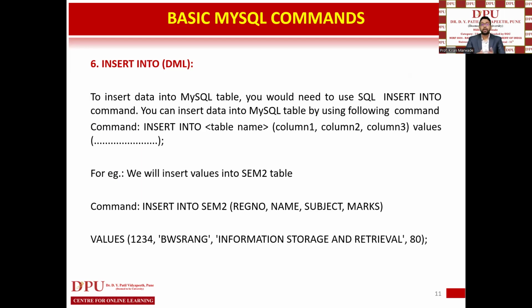So basically, to insert data into a MySQL table, you need to use the SQL INSERT INTO command. You have to mention a proper table name. You write INSERT INTO, the particular table name, and then whatever data you want to insert in each and every column.